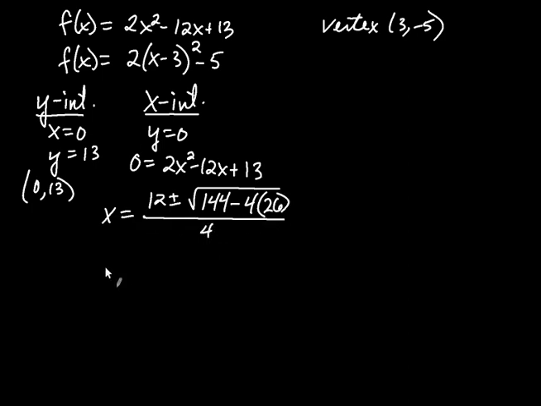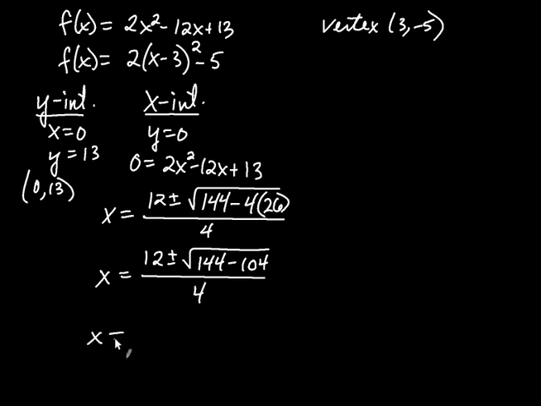2a, all over 4. So x is equal to 12 plus or minus the square root of 144 take away, what's that going to be, 104? All over 4. So we're looking at x equals 12 plus or minus the square root of 40 over 4. Let's simplify that.